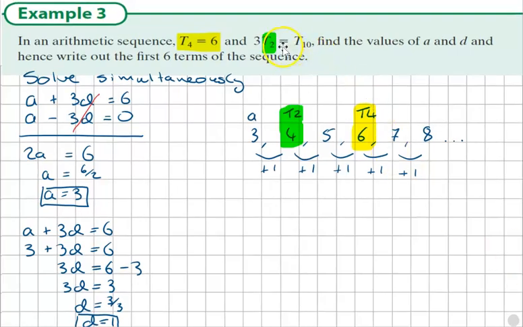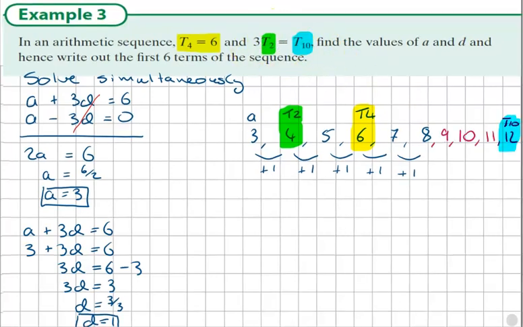We were also told that 3 times term 2 is equal to term 10. So term 2 is 4, and 3 times 4 is 12. So the 10th term, which will be over here, should be 12, if this is to make sense. And it is indeed. The 10th term is 12.